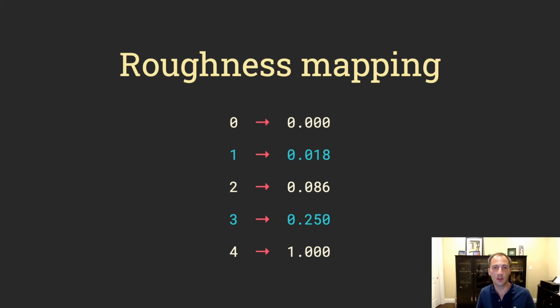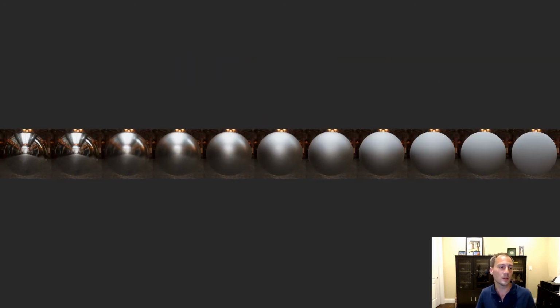Frankly, this was something that was bothering us with our previous mapping that was just the square of the roughness. And above 0.25, things become very blurry anyway, so it doesn't really matter if we lose details. And to convince you, here's an example of a metallic sphere with the roughness varying from 0 to 1. And as you can see, the results look really good.